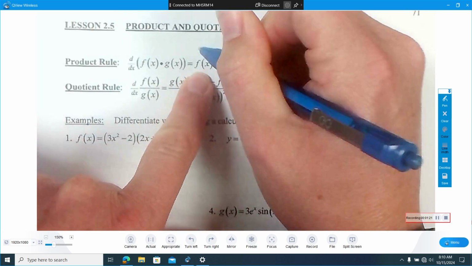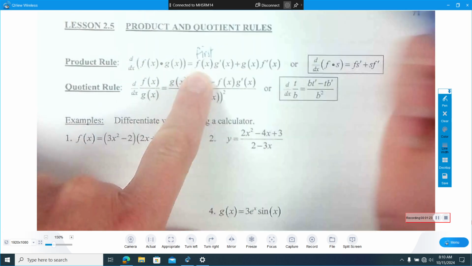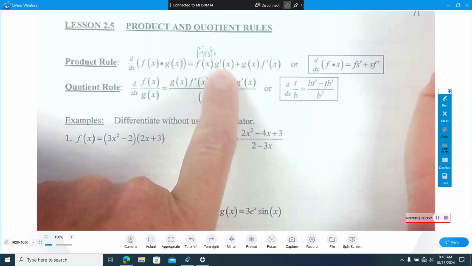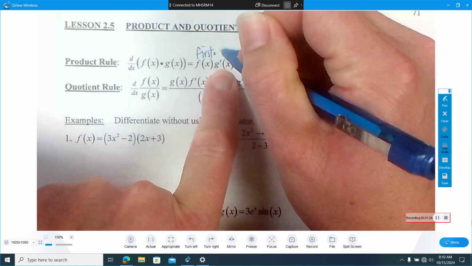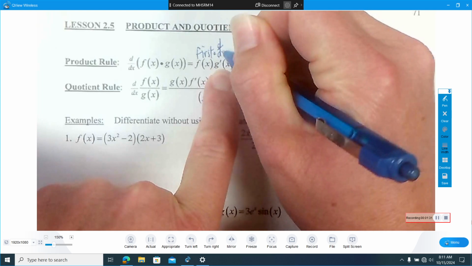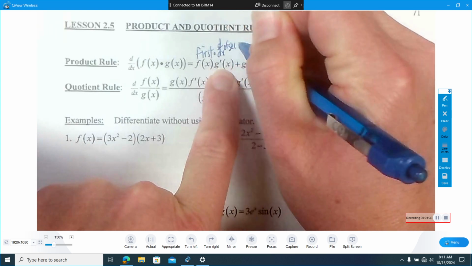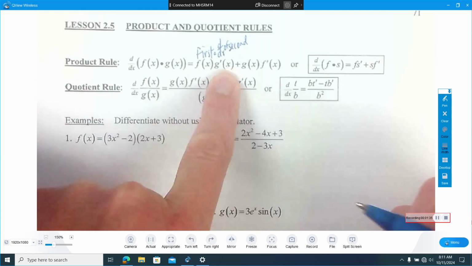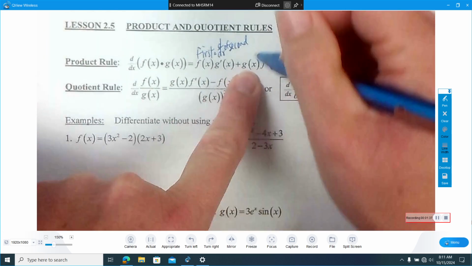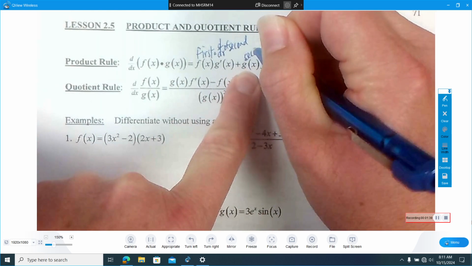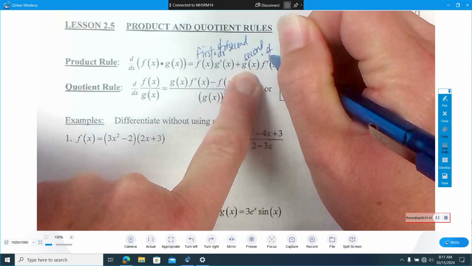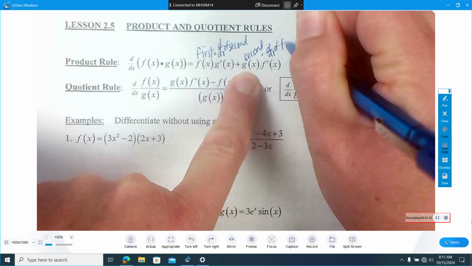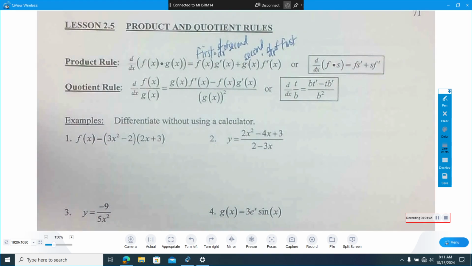This is going to be the first thing times the derivative of the second, plus the second times the derivative of the first. And that pretty much is how I remember it.